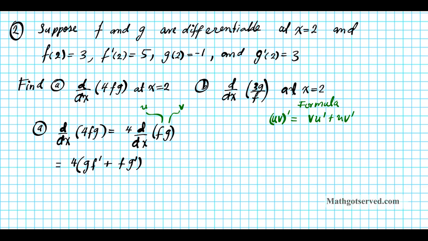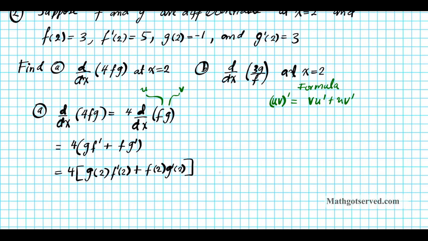So it's going to be 4 times g of 2 times f prime of 2 plus f of 2 times g prime of 2. Okay? Now all we simply do is plug in the values of the functions and their derivatives into this expression, evaluate it, and that'll be our final answer.